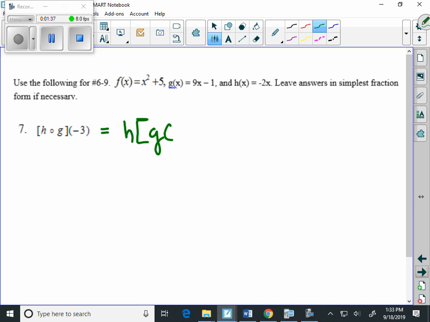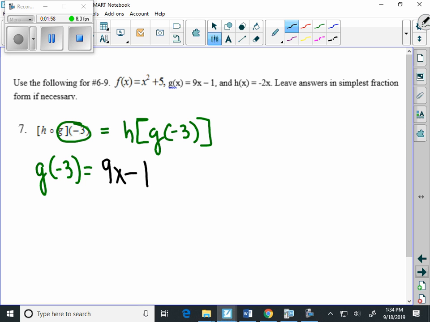Let's put in the negative 3. But first we have to figure out what g of negative 3 equals. That's where we start. So we're going to take our g of negative 3 and put it back into our g function, which is 9x minus 1.